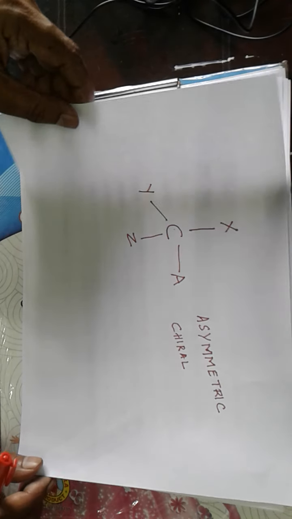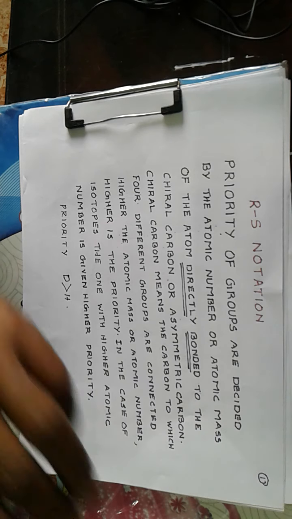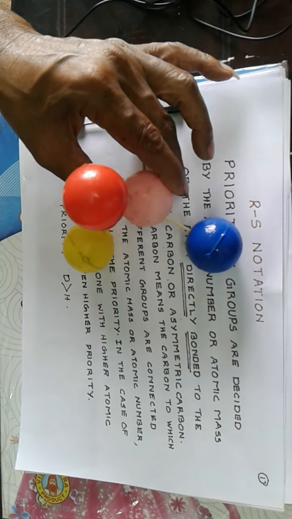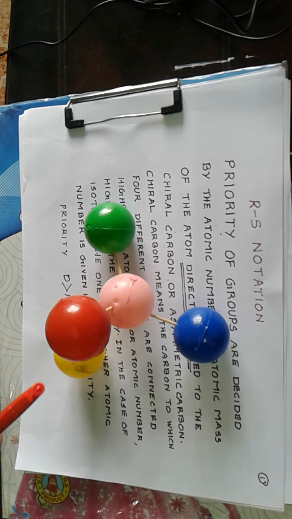Now consider the molecular model of an asymmetric compound where the 4 groups are different. Now here, as I have told you earlier, this yellow ball represents chlorine, which is yellowish green in color, and the green ball represents chlorine, which is greenish blue in color, and this red ball represents bromine, and here it is bromine blue.